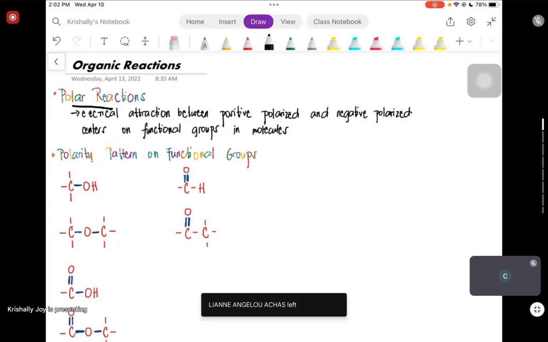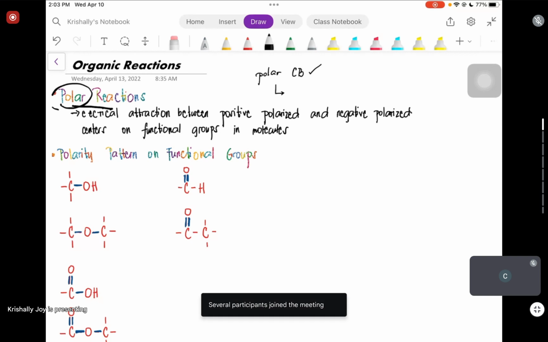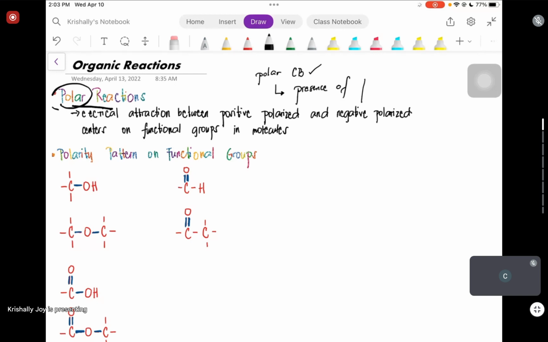Now, to understand how polar reaction takes place, you have to recall the concept of polar covalent bonds. If we recall, a covalent bond is classified as polar if there is a presence of a highly electronegative atom, like, for example, fluorine, oxygen, nitrogen.